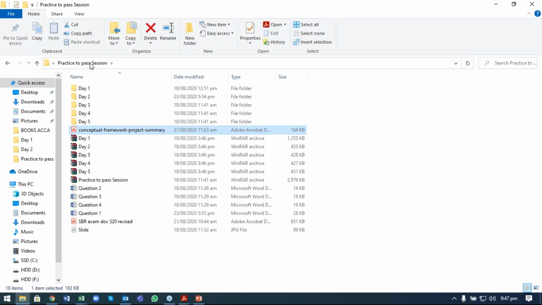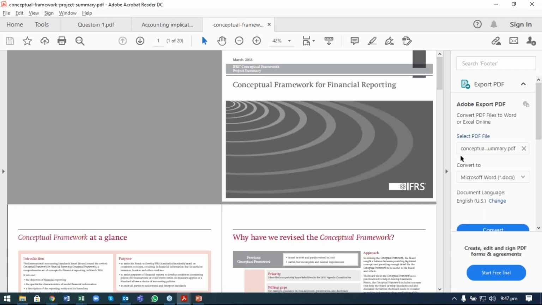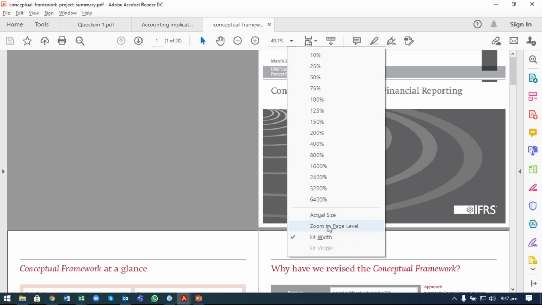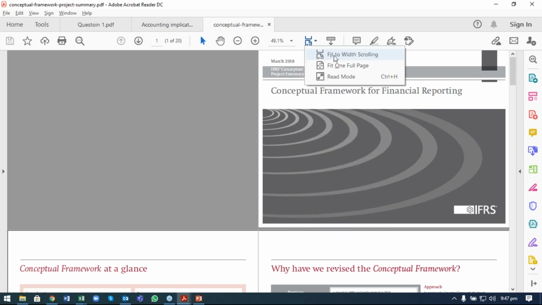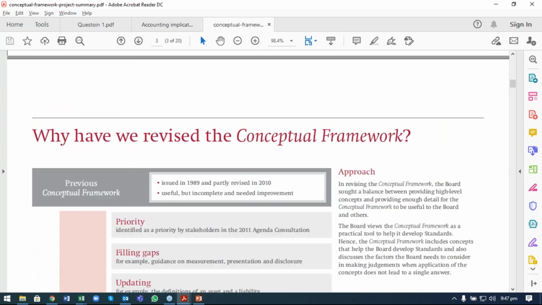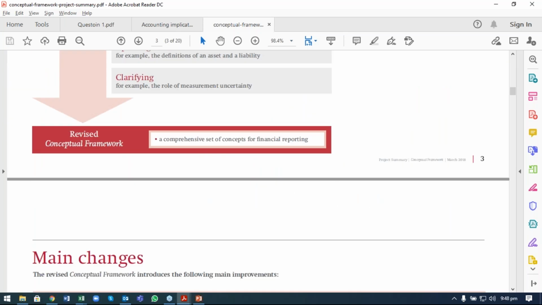Conceptual framework. Yeah, this is the conceptual framework project summary. So if you need, I'll be sharing this document with all of you. This is the Conceptual Framework 2018 document, provided by IFRS. It is a document of almost 20 pages.